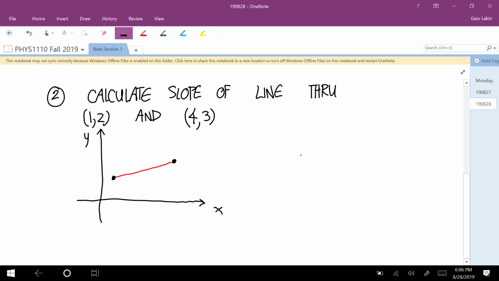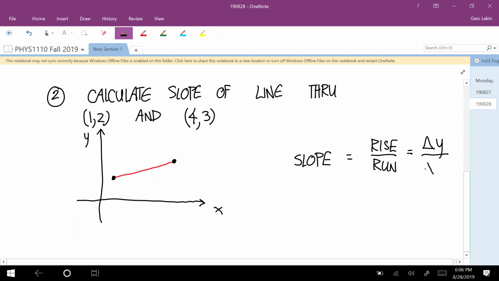And the slope, you might have heard it described as rise over run, or you might have heard it described as the change in the y value over the change in the x value. Those mean the same thing. You can actually calculate it.